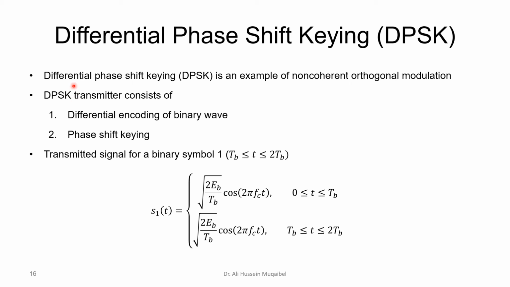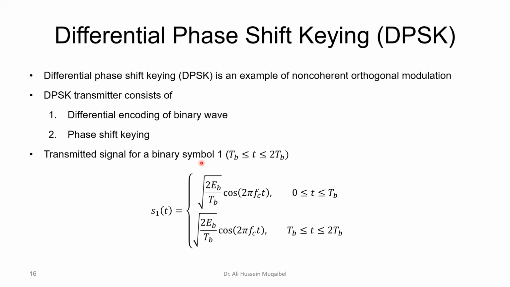I will maybe share the video with you, and if you can go to the Introduction to Communication Engineering or Communication Engineering 1 course, we discussed the DPSK in general. Here we'll just quickly review it. It consists of a differential encoding of the binary waveform, and then we do the phase shift keying. So it's like PSK, but we start by differential encoding.